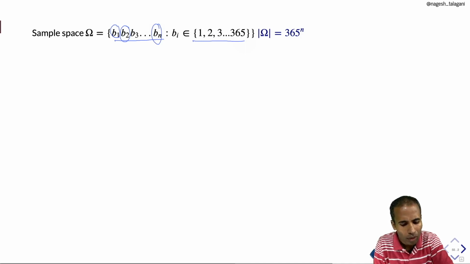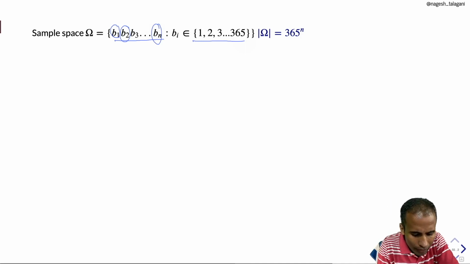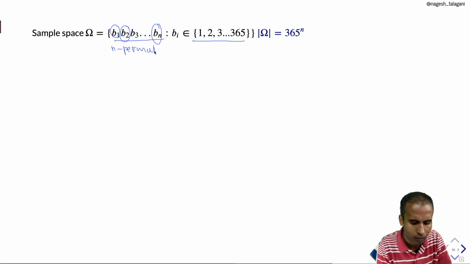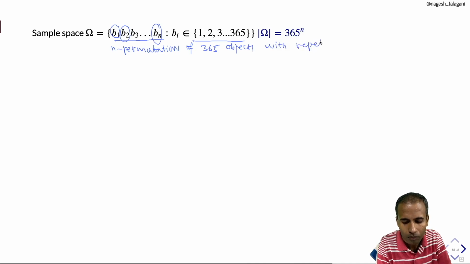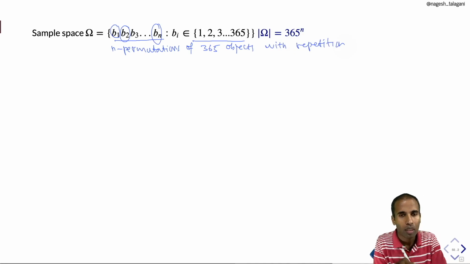Now if you look carefully, these look like n permutations of 365 objects with repetition, because birthdays can be repeated, right?